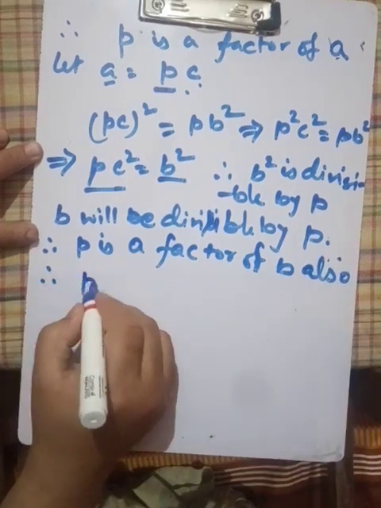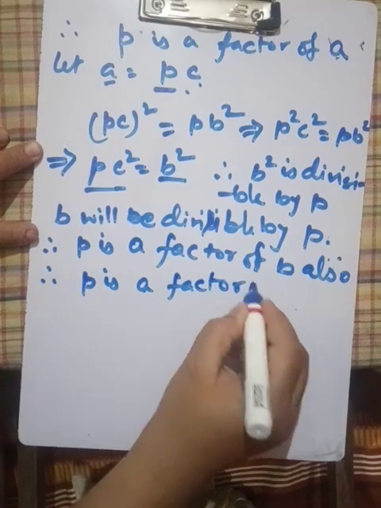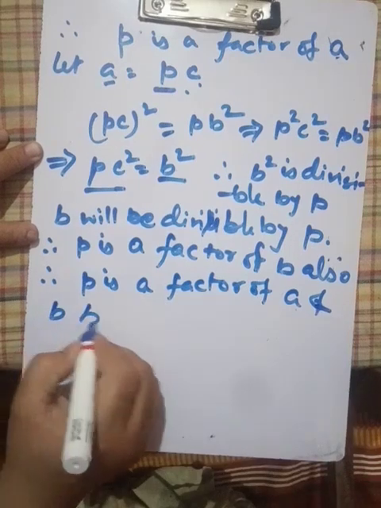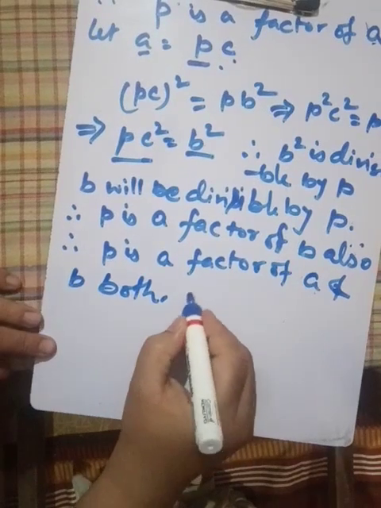Therefore we can write P is a factor of A and B both.